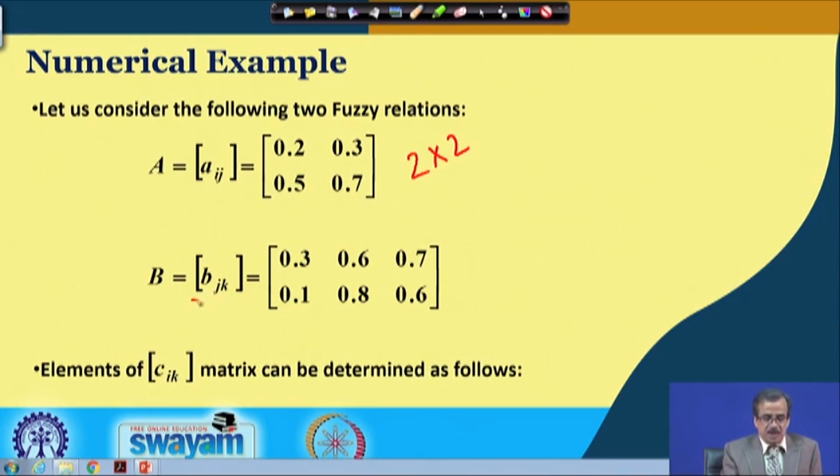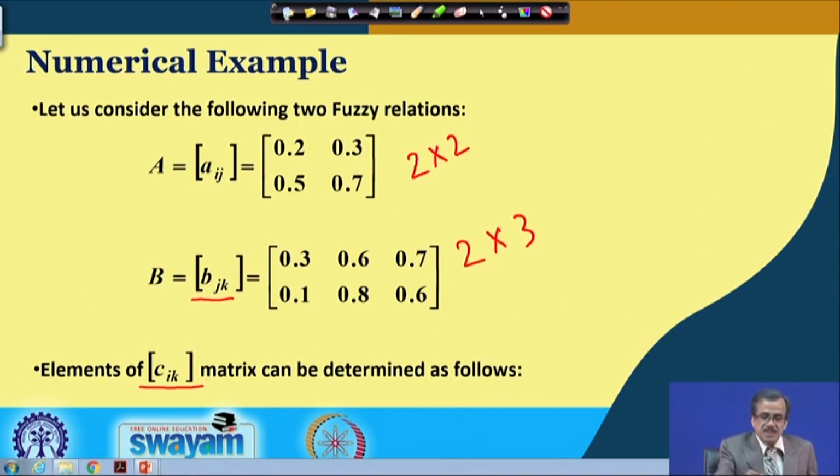This is B_jk, a 2 cross 3 matrix, and the elements are 0.3, 0.6, 0.7, 0.1, 0.8, 0.6. Now our aim is to find the elements of this C_ik.